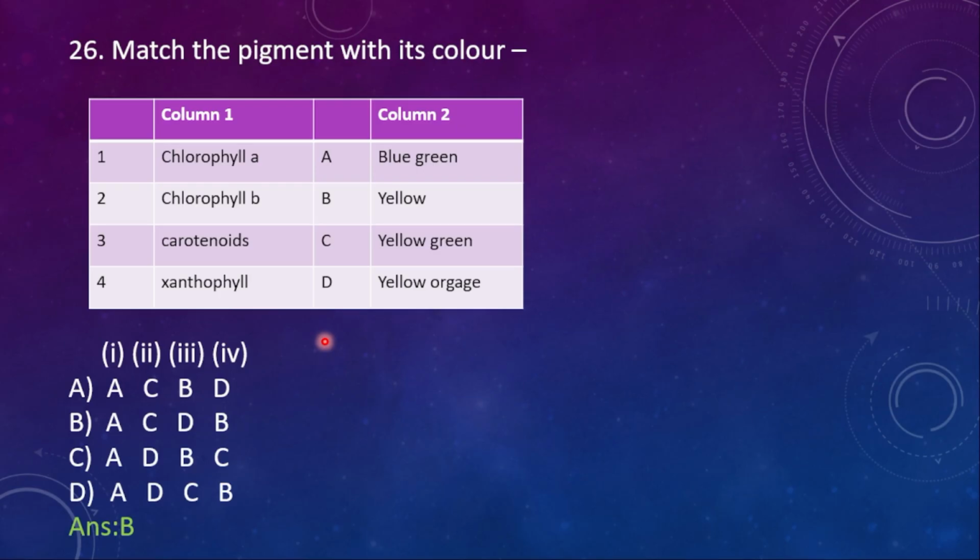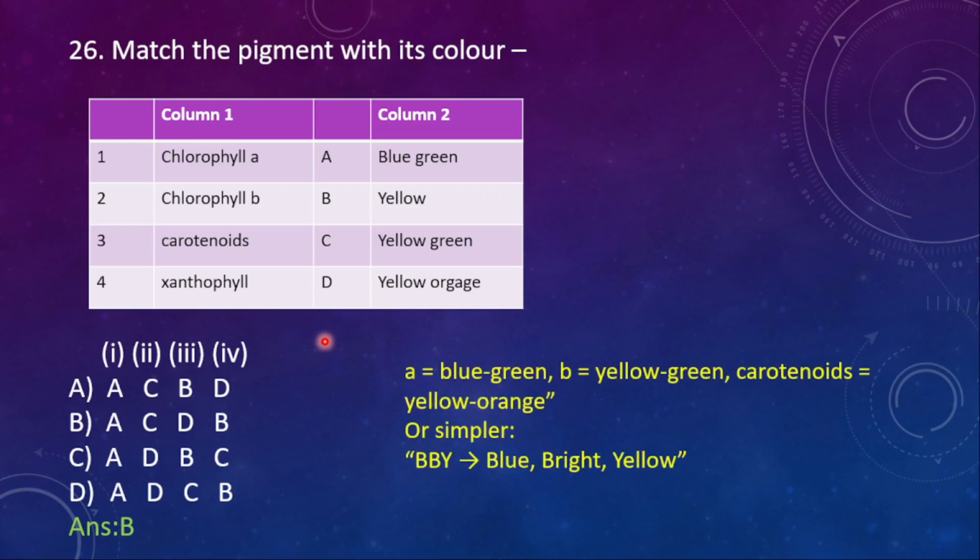And then a quick way to remember, there is a shortcut or trick, which is BBY: blue, bright, yellow. Or you can also remember like this: A is for blue green, B is for yellow green, and carotenoids yellow orange.